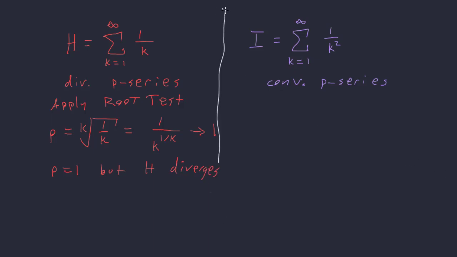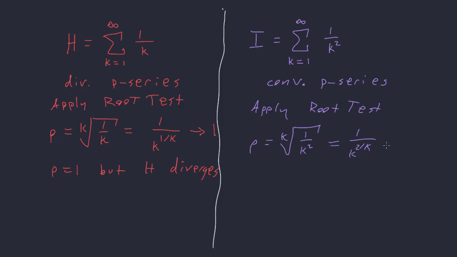And if we try it again here with our convergent p-series, well, we'll get something similar. So when we apply the root test, we'll get rho is equal to the kth root of 1 over k squared, which when we simplify that down will be 1 over k to the 2 over k. Well, as we established just a moment ago, this thing is going to 1, so this whole thing goes to 1.